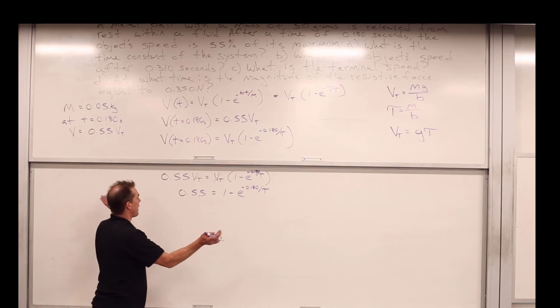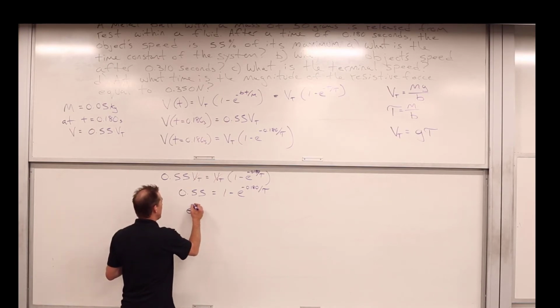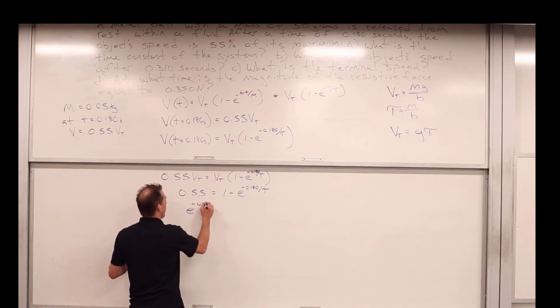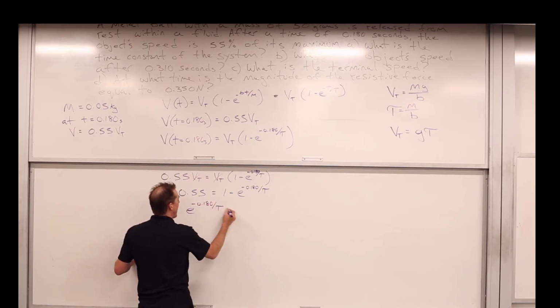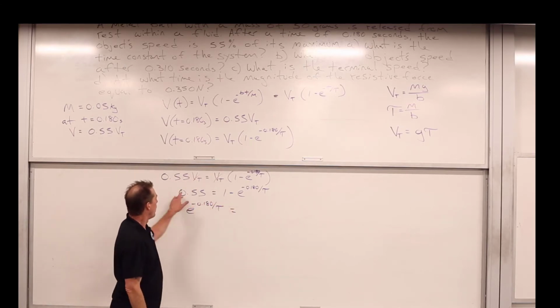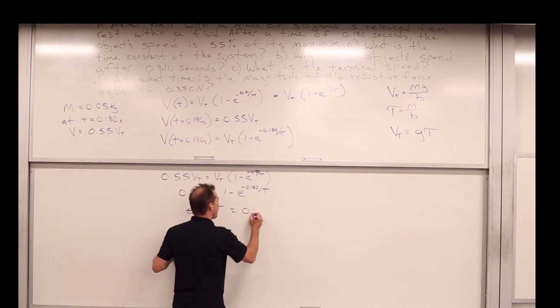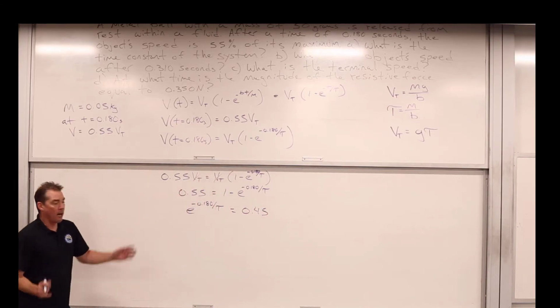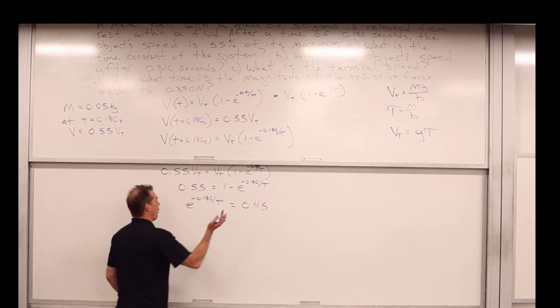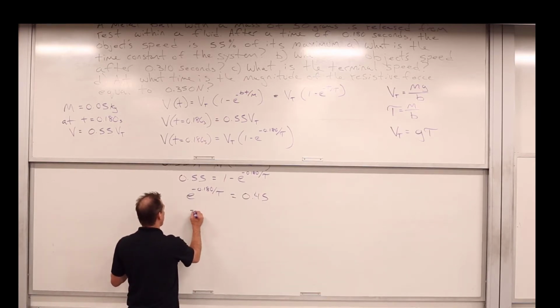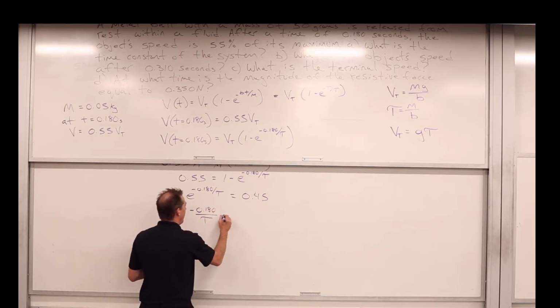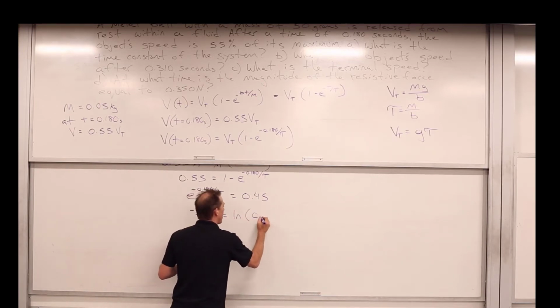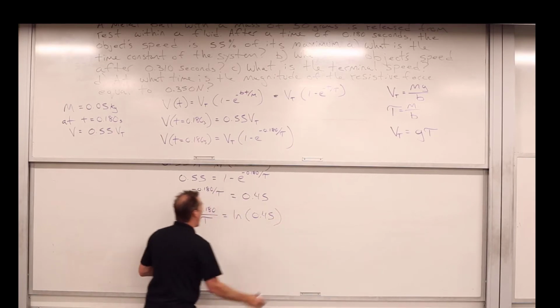We can write this as e to the negative 0.180 divided by tau equal to 1 minus 0.55, which gives 0.45. Taking the natural log of both sides, negative 0.180 divided by tau is equal to the natural log of 0.45.